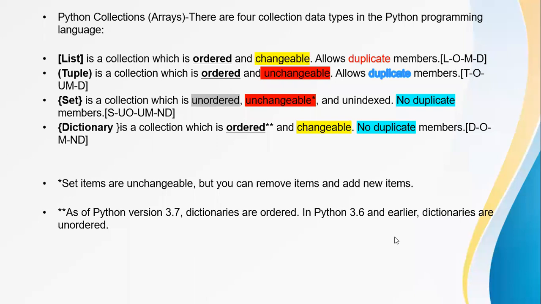Whenever you want to make changes to the data later, you can use a list, because it is mutable. If you don't want anything to be changed in future, then you keep that data in a tuple.